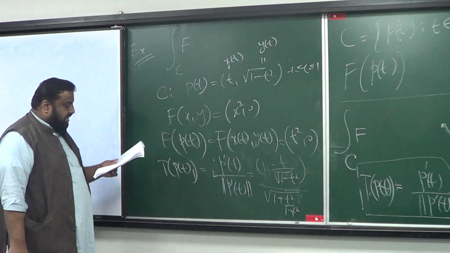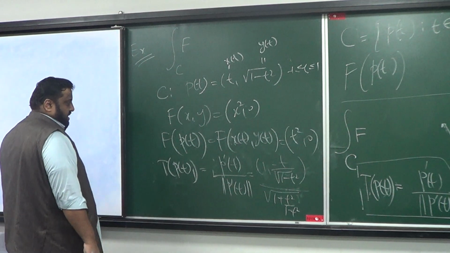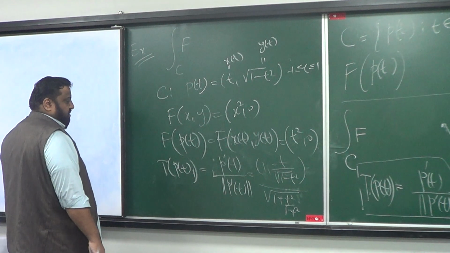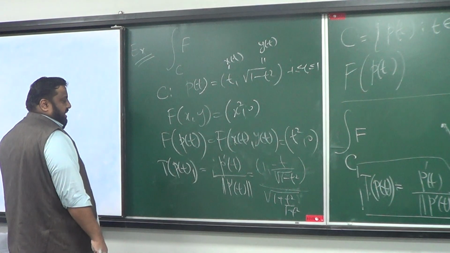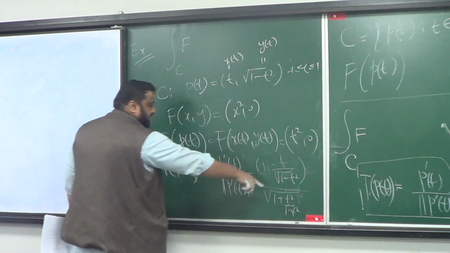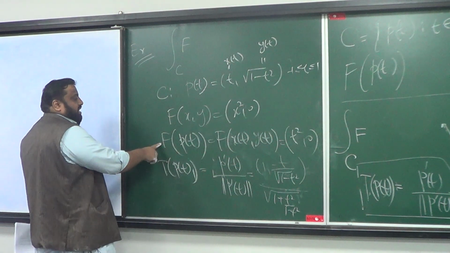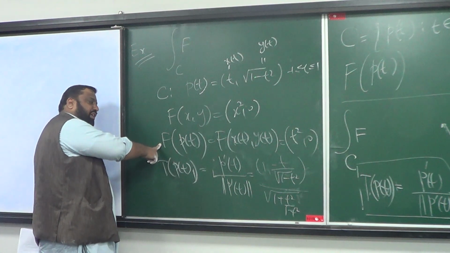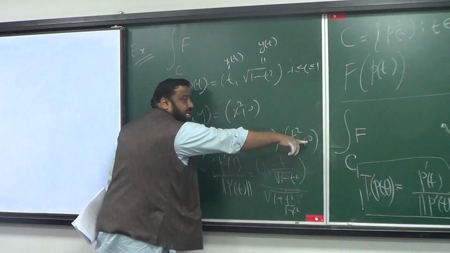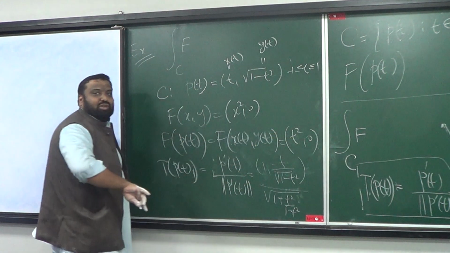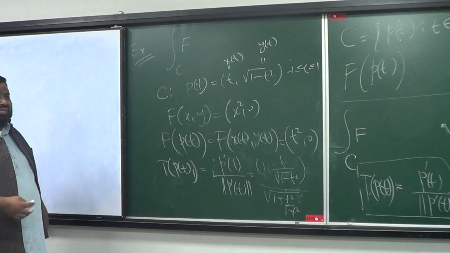We could have played cleverly, because whatever this quantity is, I'm not interested in it. When I take the dot product of f with P of t, this second component would be multiplied with 0, so it will go away. I don't need to calculate it.